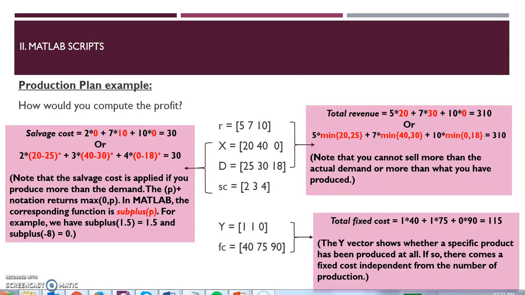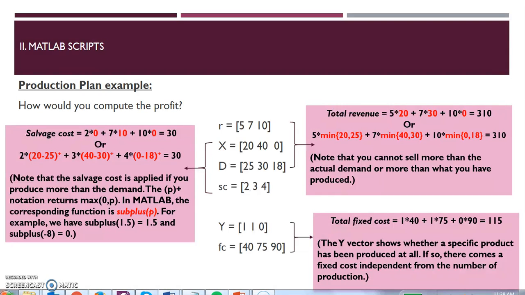Note that if you produce more than the demand, then the value of the demand is the number of products that you would sell. If you produce less than the demand, then the number of production is the number of products that you will sell. So you can see that the number of sold products for each product is really the minimum of its demand and its production. So I have a neat formula to compute the total revenue.